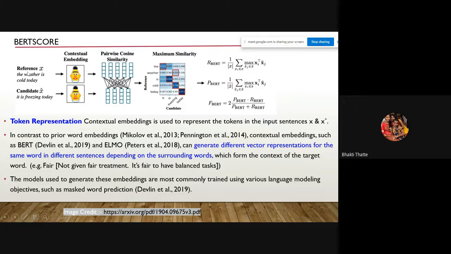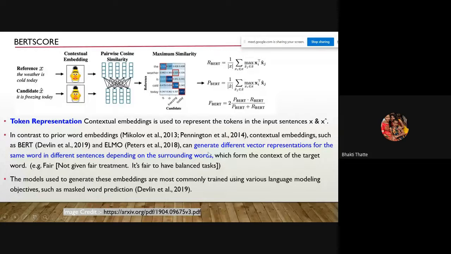So between these two, contextual embedding is done. This generates different vector representations for the same word in different sentences depending upon the surrounding words. So this is the beauty of BERT, which was not available in the prior word embeddings.